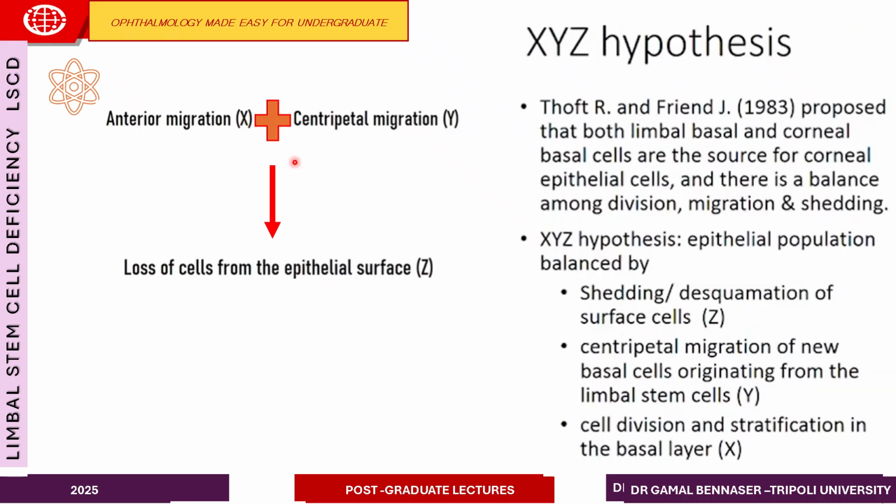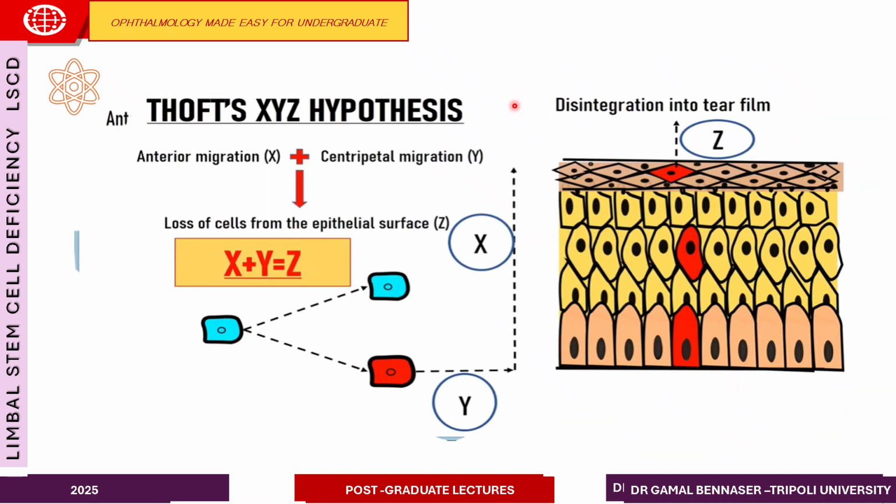Upon stimulation, the limbal stem cells will initiate proliferation and migration, which constitutes the X-axis, and there will be centripetal migration toward the center of the cornea, that's the Y-axis. The combination of this proliferation and migration in both the X and Y axes should equal the amount of shedding of cells that happens on the surface of the cornea, which corresponds to the Z-axis. So this is what is meant by the XYZ hypothesis.